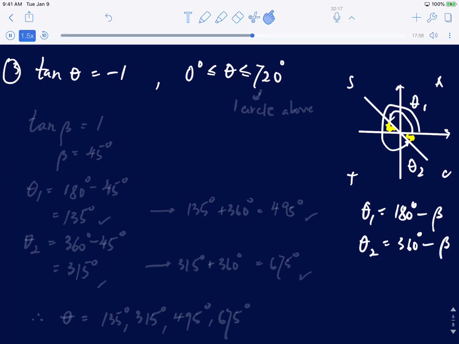For an actual value, what is beta? When is the tan 1? So tan of beta is 1. 45 degrees, again, we have beta is equal to 45. So that gives us a theta 1 of 180 minus 45, which is 135, and the theta 2, 360 minus 45, 315.